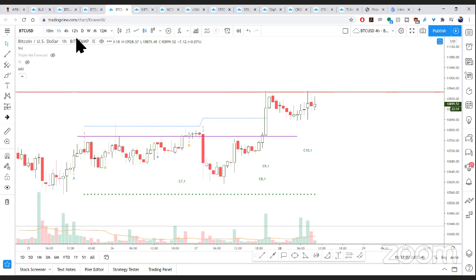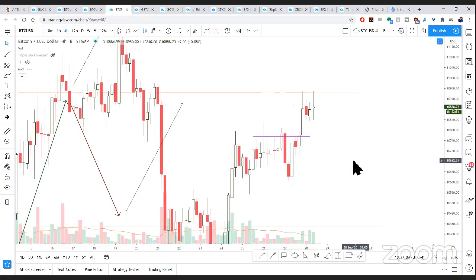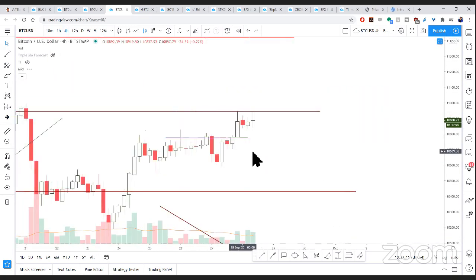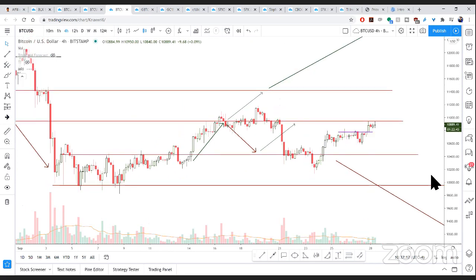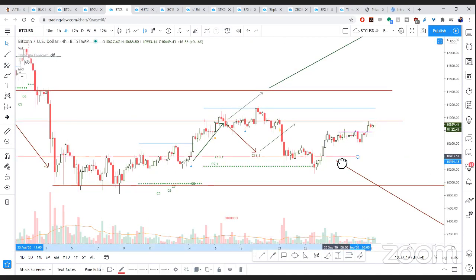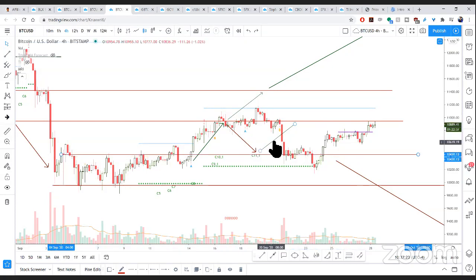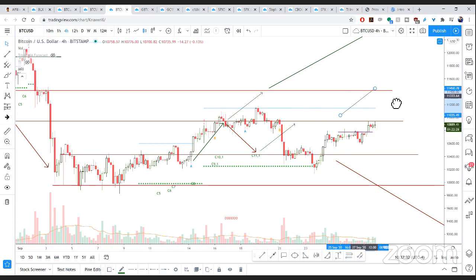Okay. 4-hour chart. This is what we normally look at. The 4-hour chart is right at resistance and it has made a double top. Because it has made a double top at resistance, I believe the probability is higher that we will move up that way.